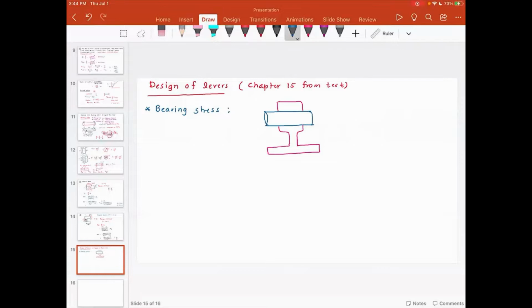What happens is, at this interface, and I want you to follow this very closely, the stresses are significantly higher. So these are the interface stresses, and this is known as the bearing stress.